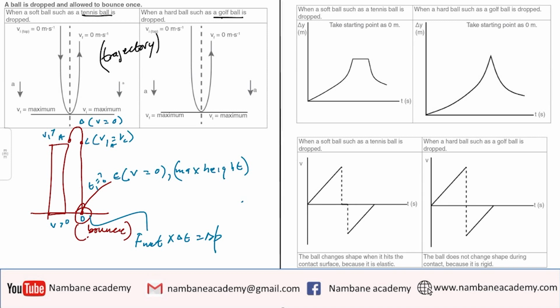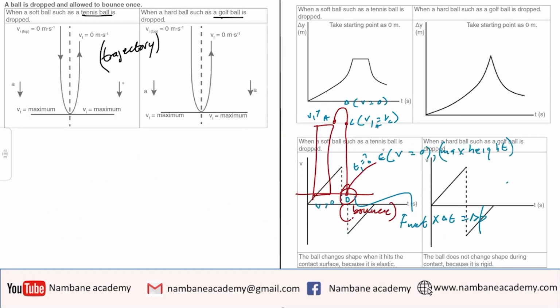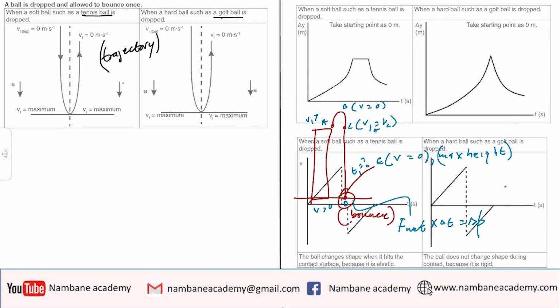Let me do this. I want to take this thing and just put it aside. And just to show you, I will bring it back to say when it is dropped, it is type 1. Dropped to the ground.